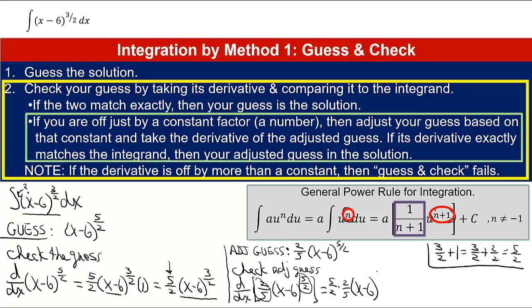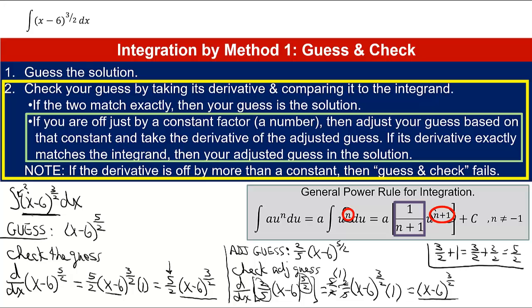As we've discussed, 5/2 minus 1 is 3/2, and then the derivative of the inside is just 1. Notice that 5/2 times 2/5, in other words, a number times its reciprocal, is always 1. So you end up with just the quantity x minus 6 raised to the 3/2 power. So that's your adjusted guess's derivative.